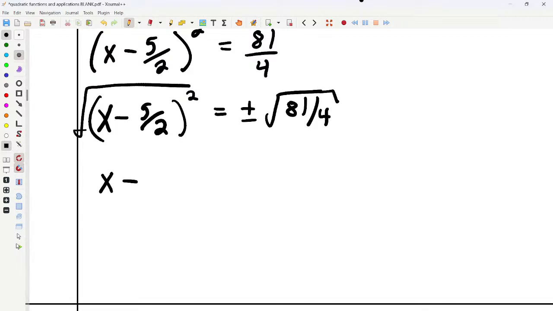Left-hand side's pretty painless. And actually, in this particular example, the right-hand side isn't too bad either. 9 halves will do the trick.